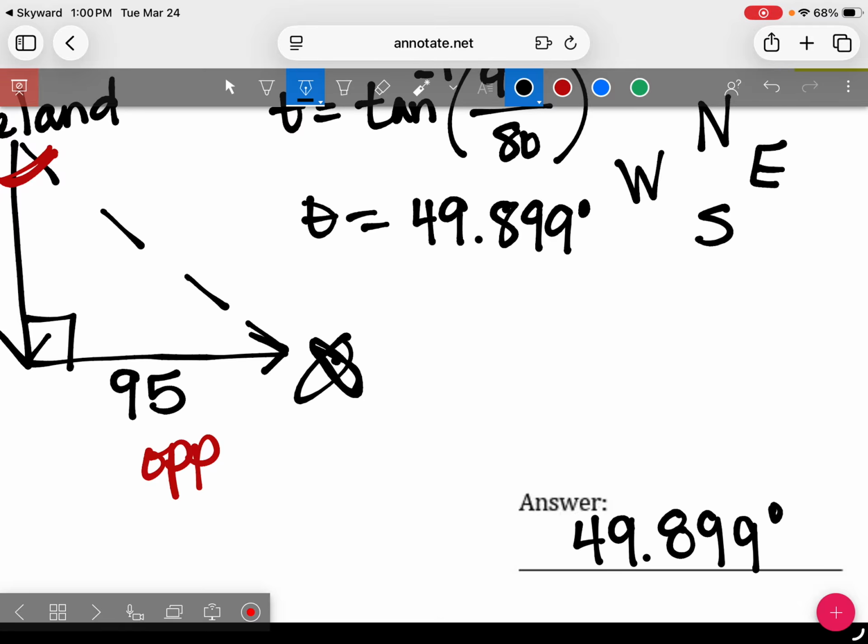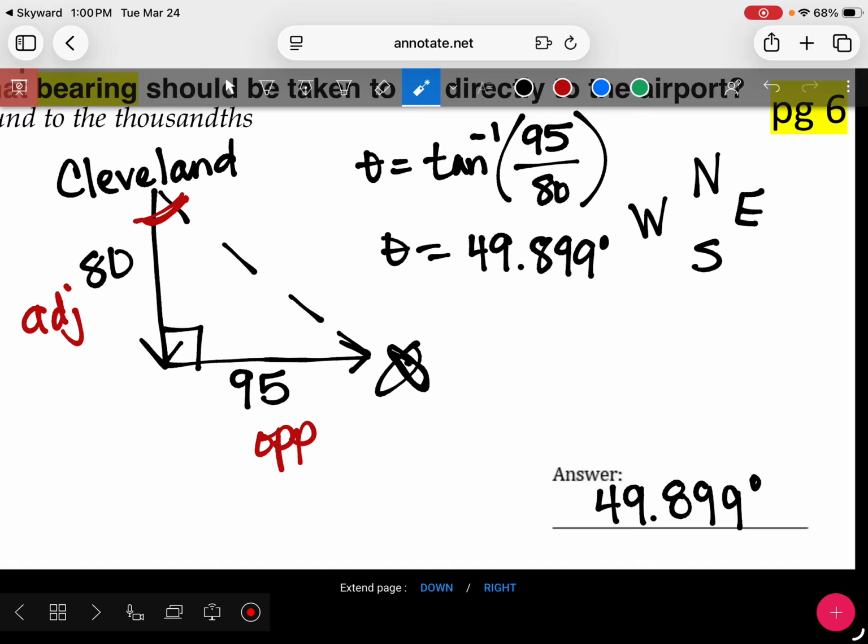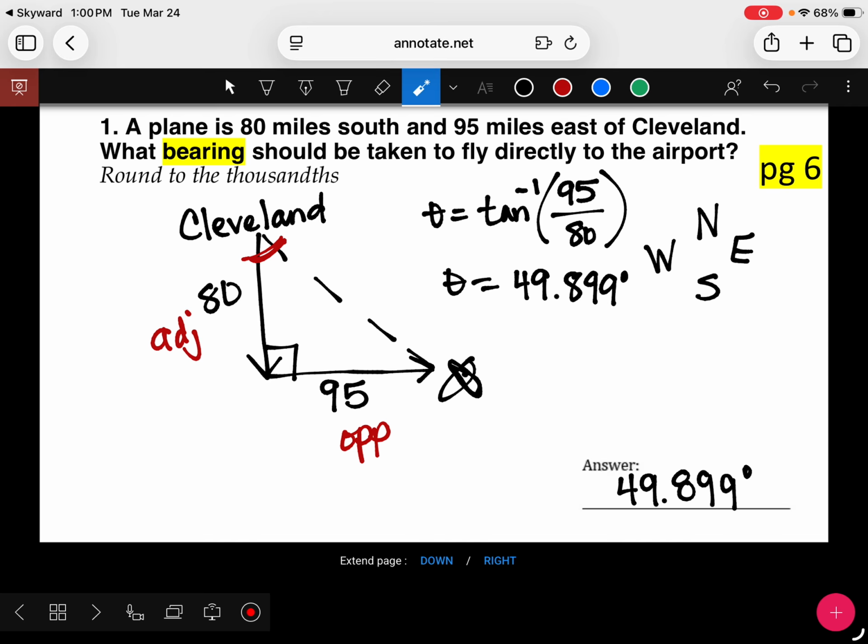But remember, for a bearing, you have to include the direction the airplane would travel if it was going back to Cleveland. So what direction is the plane traveling when it heads back? It's going south and it's going east.